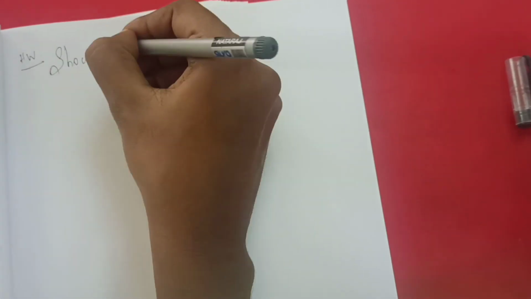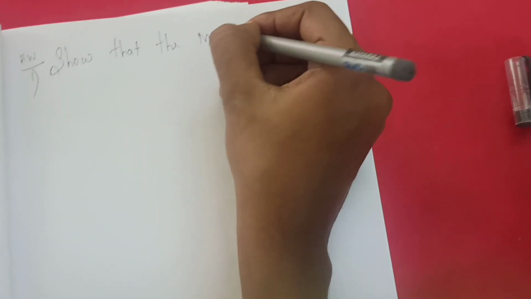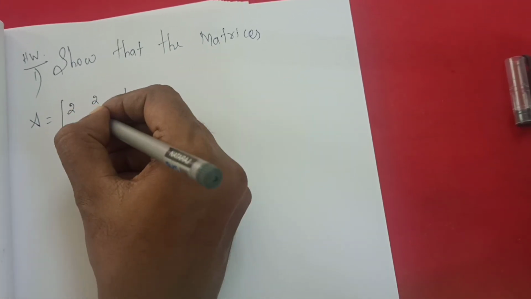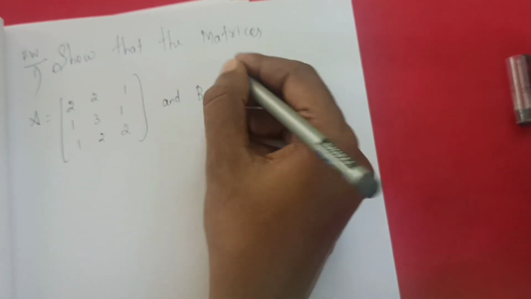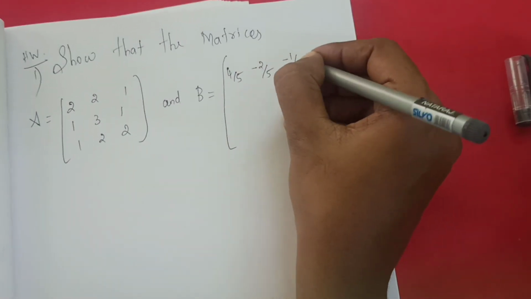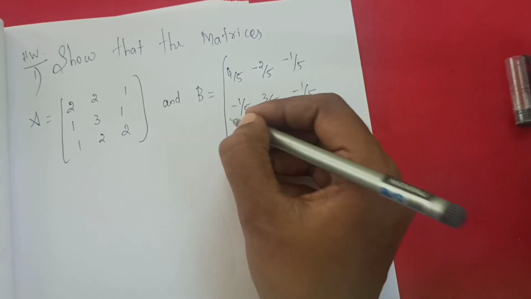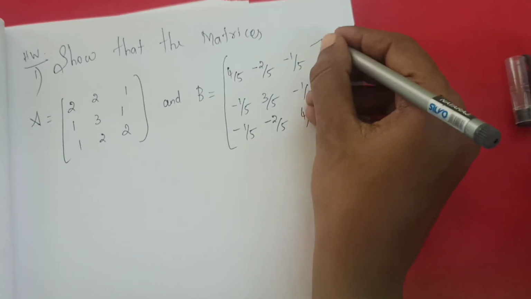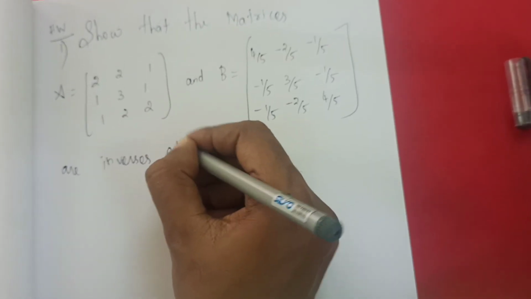Show that matrices A equal to 2, 2, 1, 1, 3, 1, 1, 2, 2 and B equal to 4 by 5, minus 2 by 5, minus 1 by 5, minus 1 by 5, 3 by 5, minus 1 by 5, minus 1 by 5, minus 2 by 5, 4 by 5 are inverses of each other.